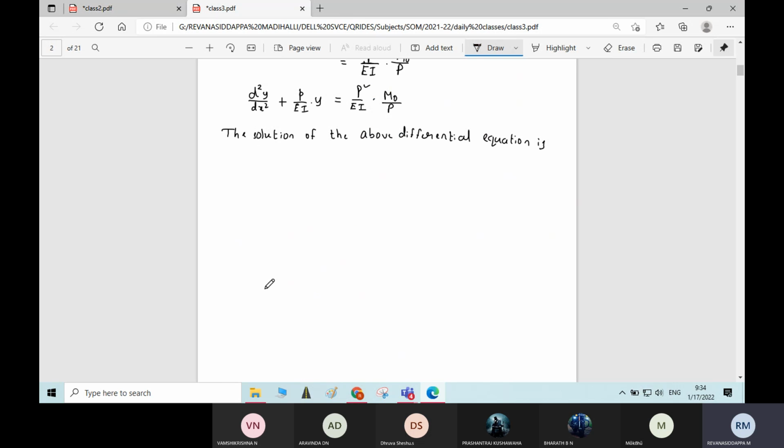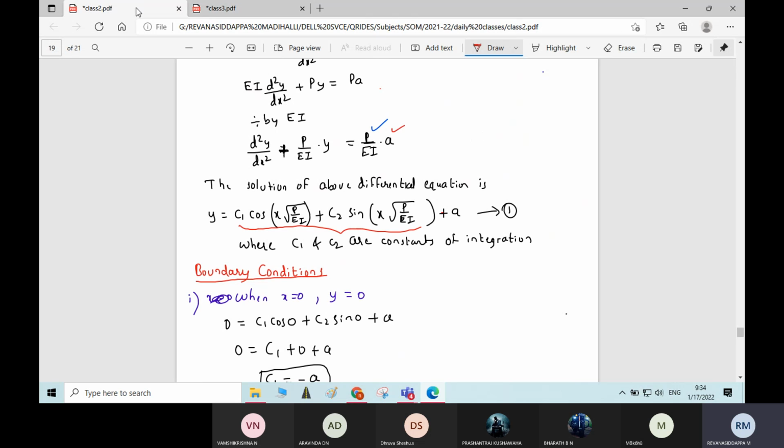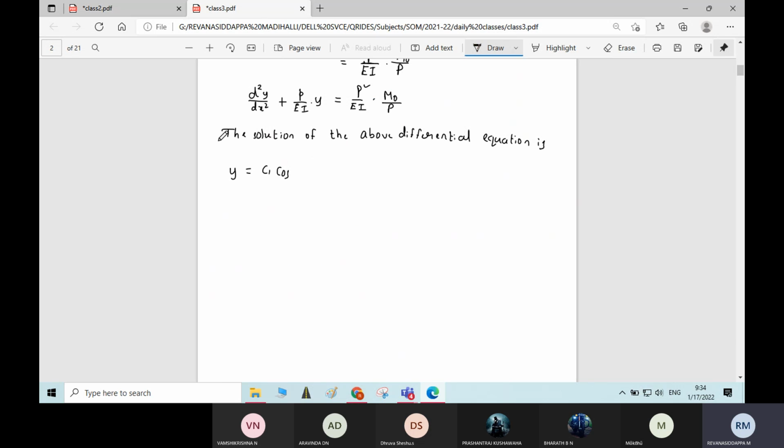Y is equal to C1 cos x root P by EI plus C2 sin x root P by EI plus what, students?